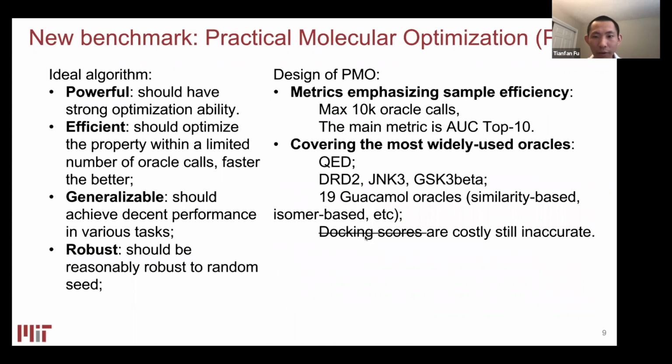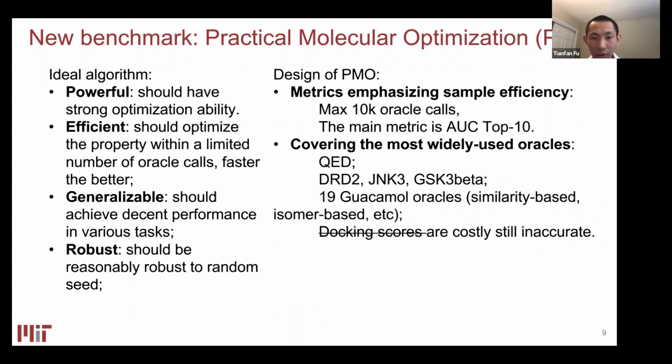We also cover the most widely used oracles. For example, QED measures the drug likeness, and DRD2, JNK3, GSK3 beta measure the binding affinity with a certain target receptor.